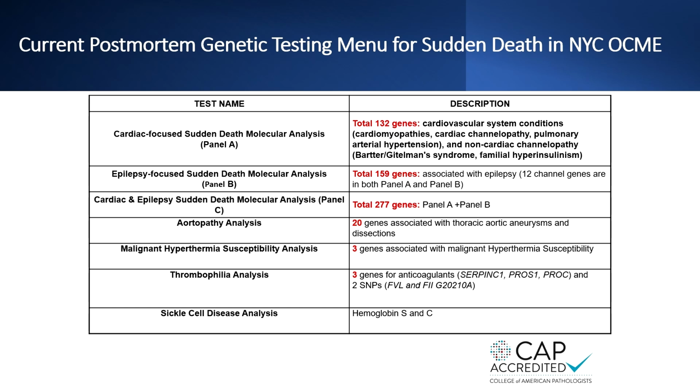On the sickle cell disease analysis panel, we detect beta hemoglobin S and C alleles. Our laboratory has been accredited by CAP since 2011. In the next few slides, I will explain each panel in detail.